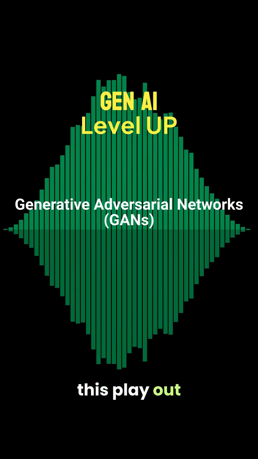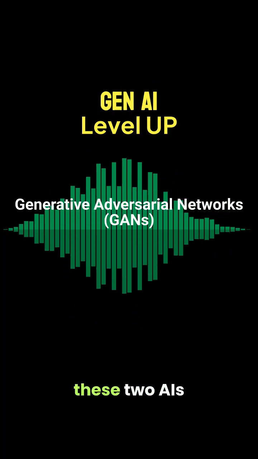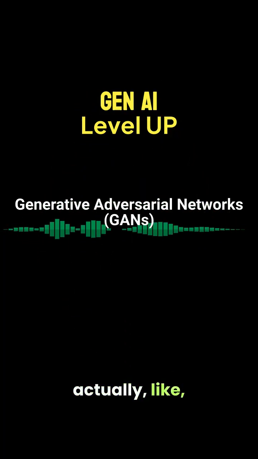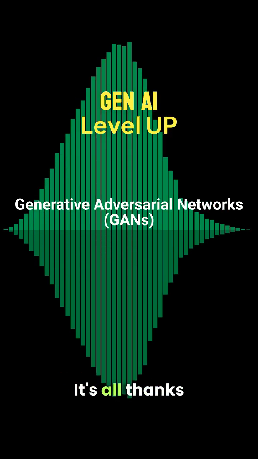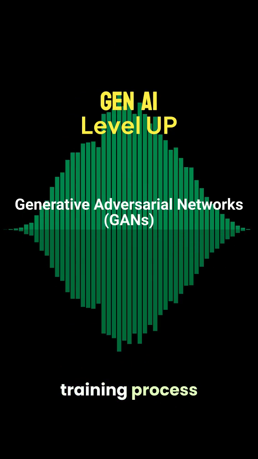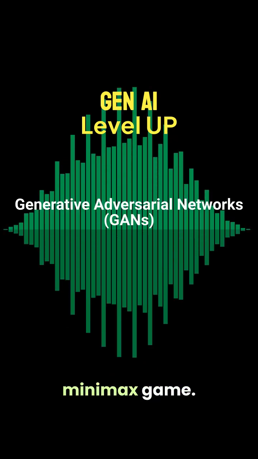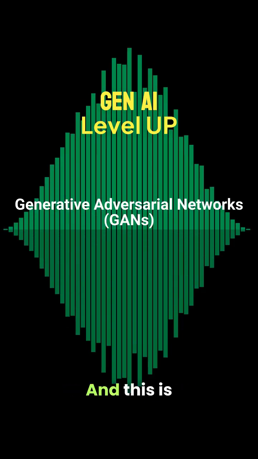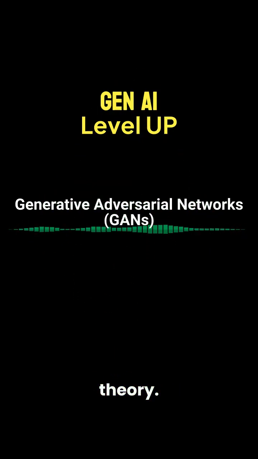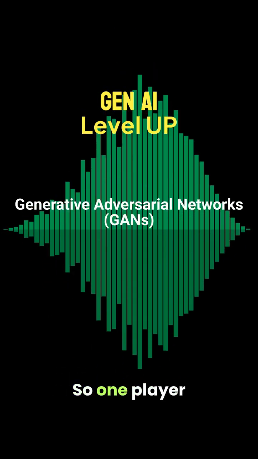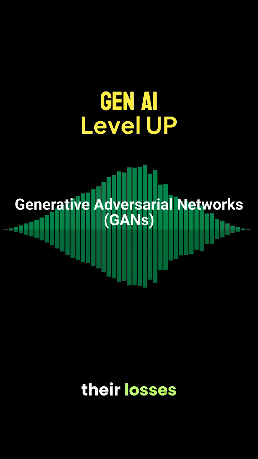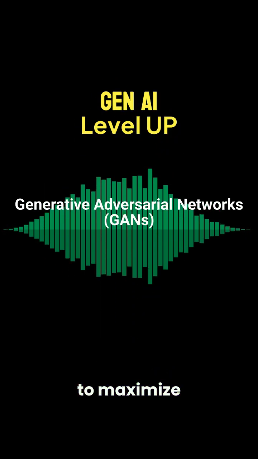So how does this play out in practice? Like, how do these two AIs actually learn and improve? It's all thanks to this ingenious training process that involves a concept called a minimax game. This is a fancy term from game theory, but the idea is really simple. One player tries to minimize their losses, while the other tries to maximize their gains.